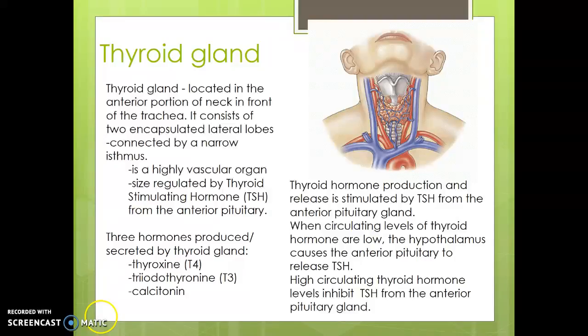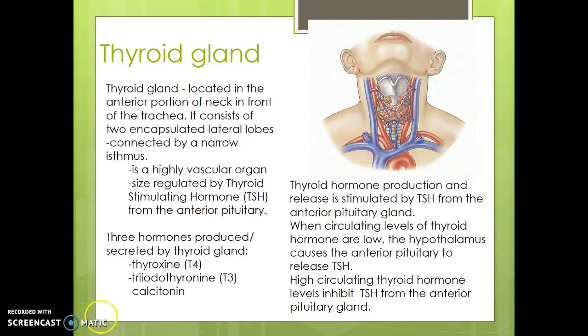So if you have high circulating thyroid hormone, then the anterior pituitary gland doesn't stimulate, sending out more thyroid stimulating hormone because it recognizes when there is too much thyroid hormone, and it will shut down and not do what it does to kind of get the whole process going.